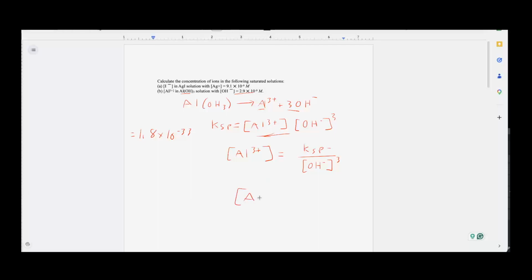Now we can go ahead and plug these into our equation, and we get 1.8 times 10 to the negative 33 over 2.9 times 10 to the power of negative 9, and be careful to remember that it is raised to the power of 3.